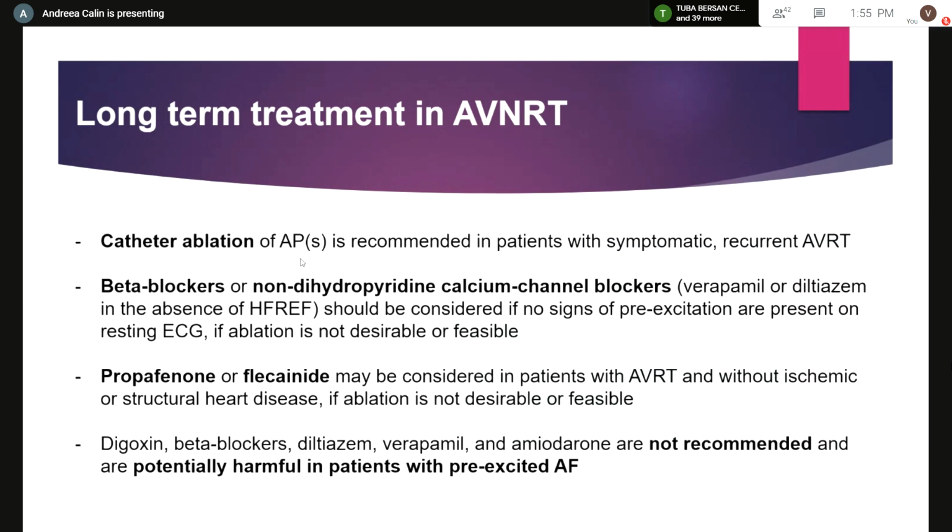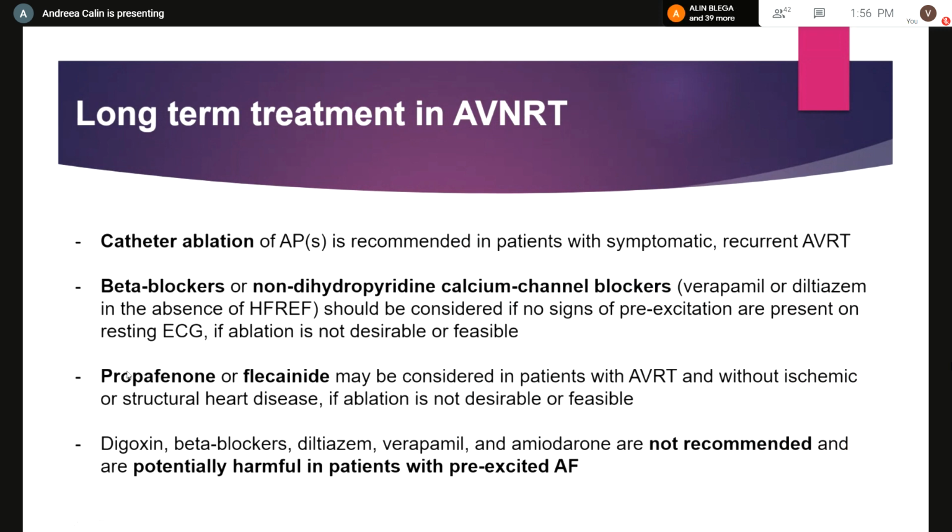The catheter ablation of the accessory pathway is recommended in patients with symptomatic recurrent atrioventricular reentrant tachycardia, and in these patients, if there is no sign of pre-excitation on the baseline ECG, we can give beta blockers or calcium channel blockers if ablation is not desirable or feasible, but if there are any signs of pre-excitation, these medications should be avoided.